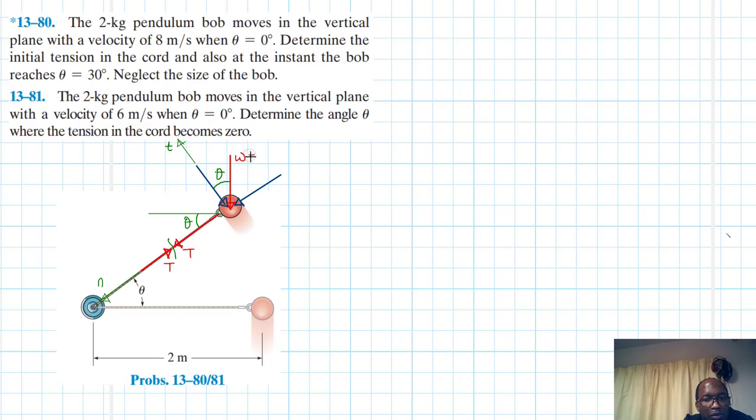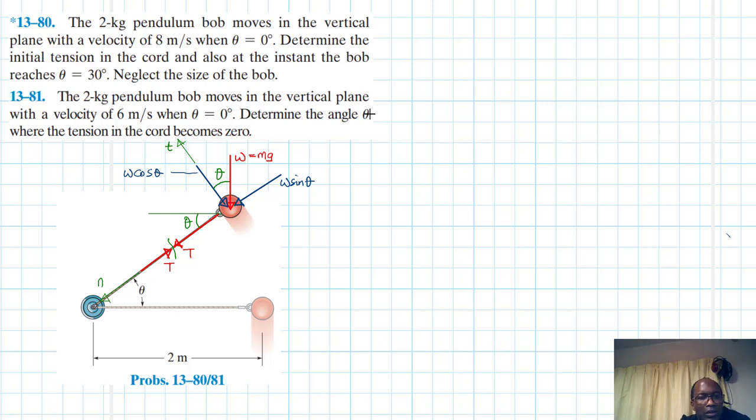So this is W, which is just equal to mg. Then this one is W sin theta, and this is also W cos theta, right?